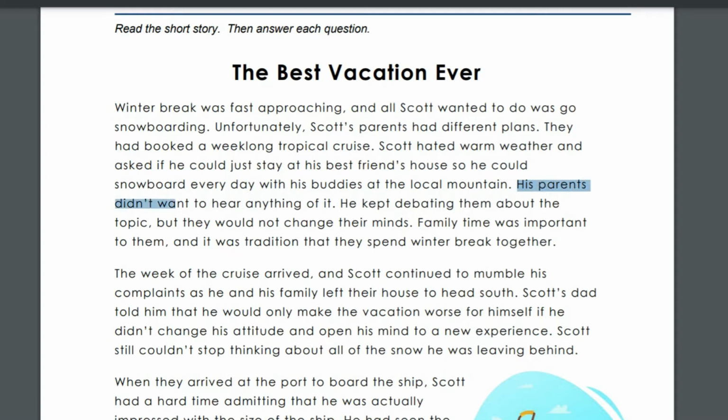His parents didn't want to hear anything of it. He kept debating them about the topic, but they would not change their minds. Family time was important to them, and it was a tradition that they spent winter break together.